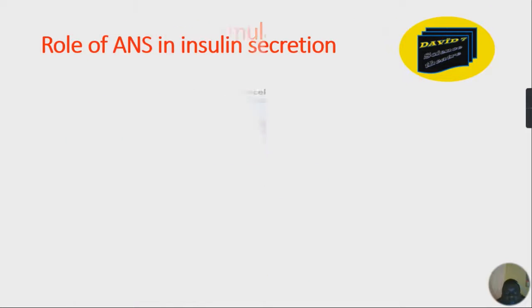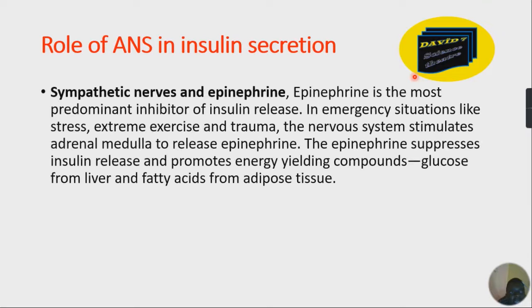Okay, let's continue. Role of the autonomic nervous system in insulin secretion. Sympathetic nerves and epinephrine: epinephrine is the most predominant inhibitor of insulin release. In emergency situations like stress, extreme exercise, or trauma, the nervous system stimulates the adrenal medulla to release that hormone.